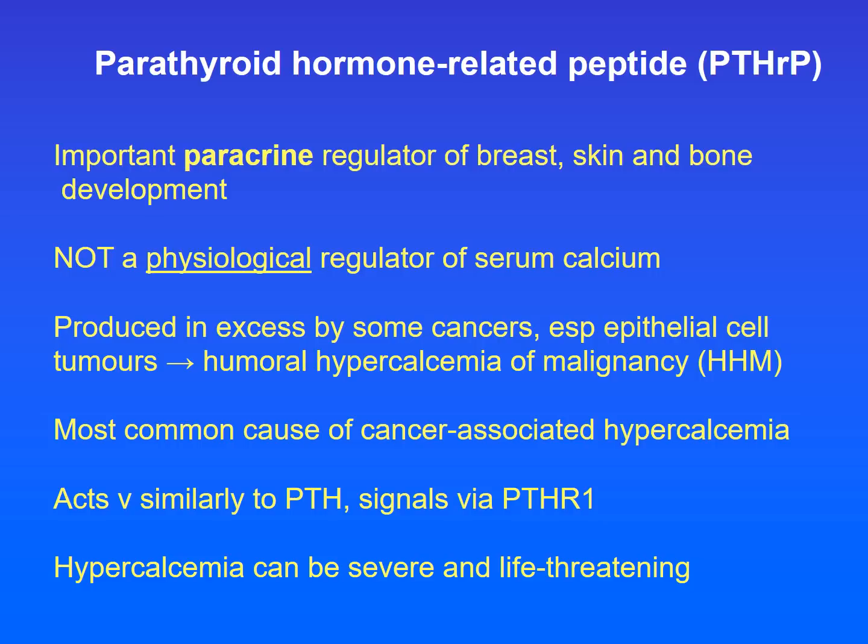It can interact with the parathyroid hormone receptor and cause the same effects, which are to increase the serum calcium. And so in these situations, in so-called humoral hypercalcemia of malignancy, patients may experience hypercalcemia, which can be quite severe and life-threatening. In fact, this is the most common cause of cancer-associated hypercalcemia.